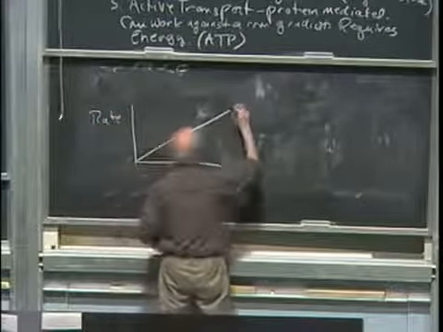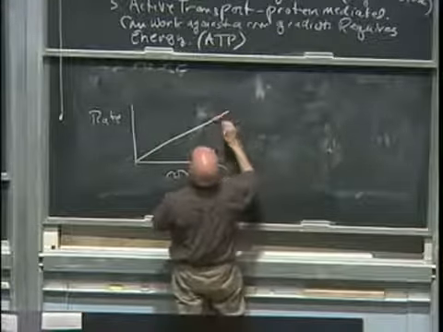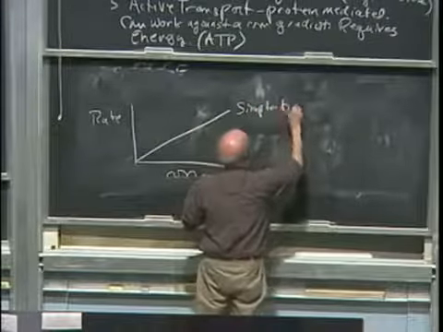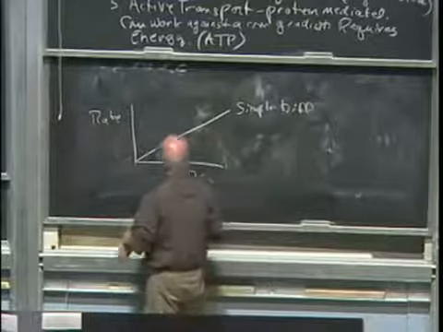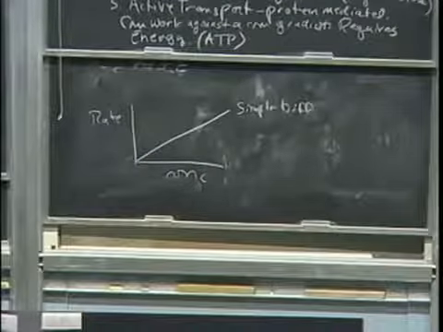Simple diffusion is like this, just diffusion. Wow. Did I call it simple? Yeah, I call it simple diffusion. So the higher the concentration difference across the membrane, the higher the rate.